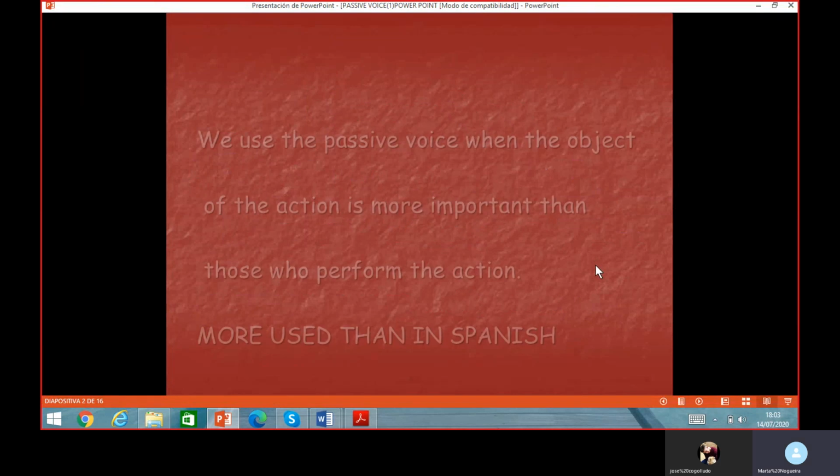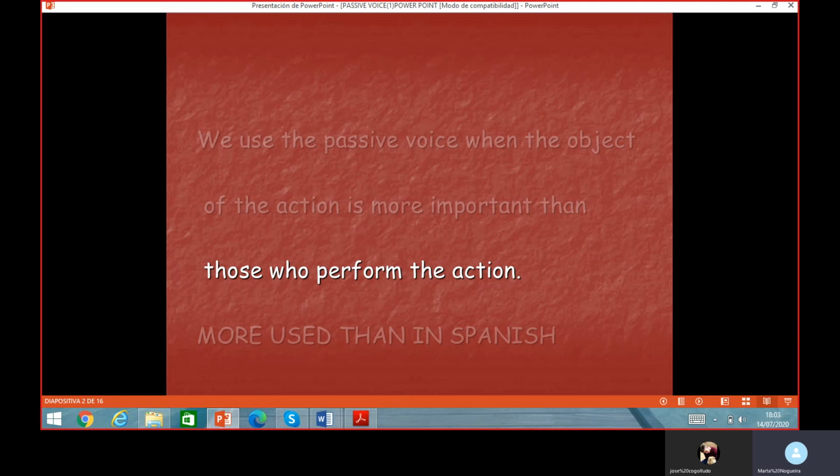Okay, so today we are going to just review, I'm going to give you some highlights about the passive voice. I sent a document in which you have all the theory related to the passive. When do we use the passive? We use the passive voice when the object of the action is more important than those who perform the action.